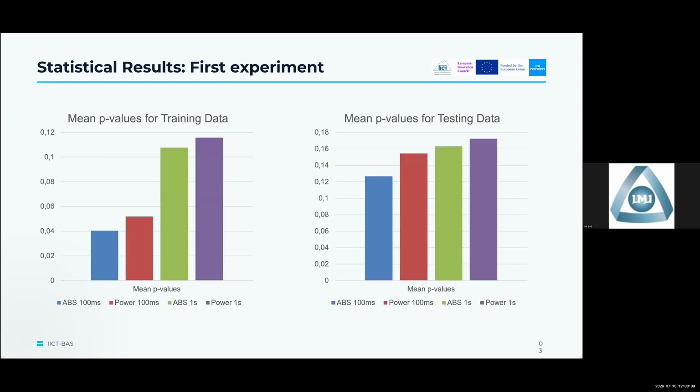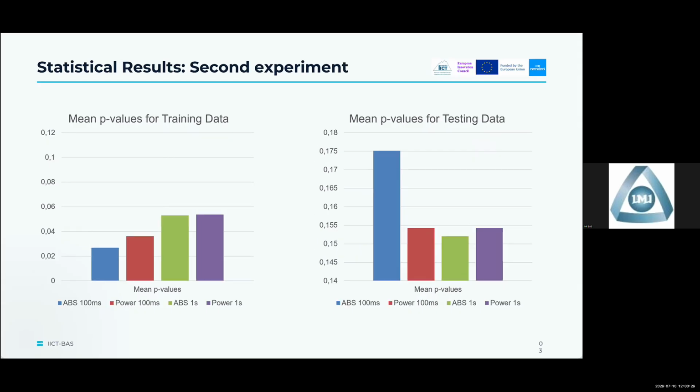Here are the statistical results from the first experiment. It demonstrates that the absolute values approach with 100 milliseconds windows statistically outperforms the others on training and on testing data. Here are the second experiments.